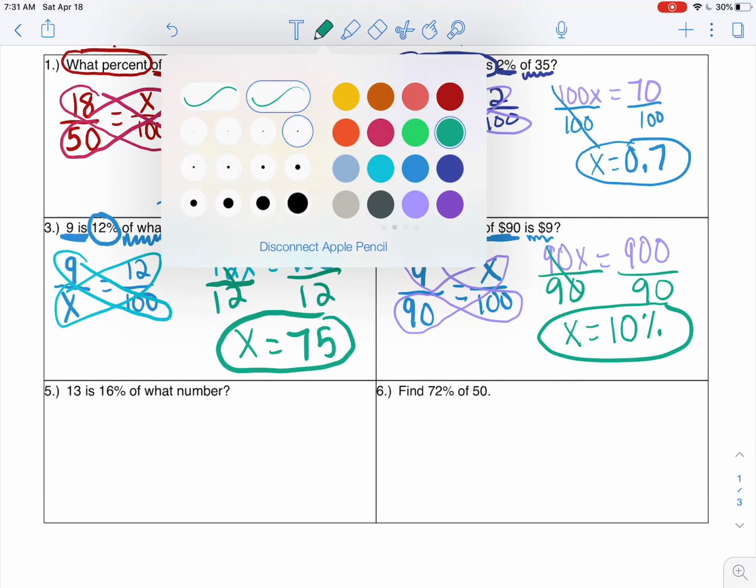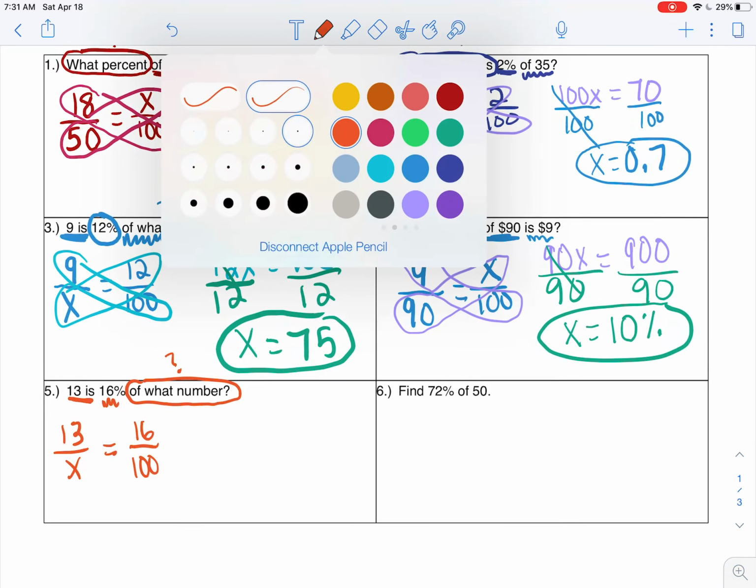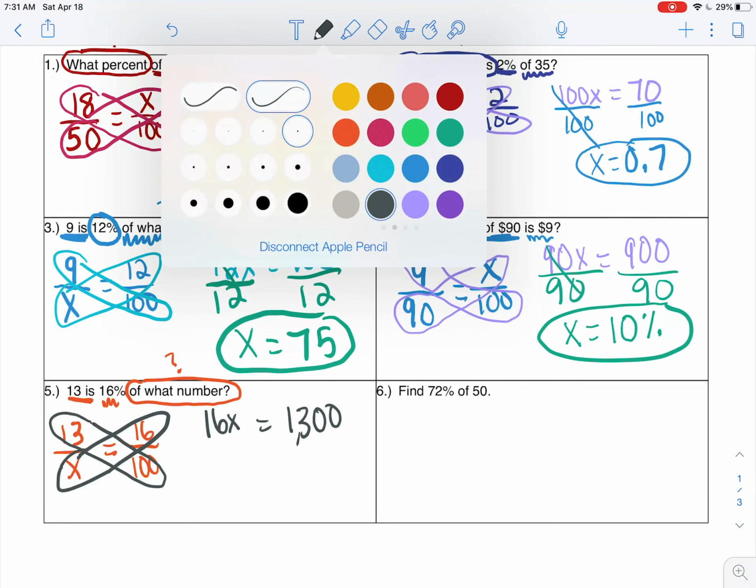Okay, number 5. 13 is 16% of what number? Okay, so here, of what number is what we're trying to find out, the of. So we know 13 over x equals 16, because it's 16% over 100. Cross multiply. 16x equals 1,300.